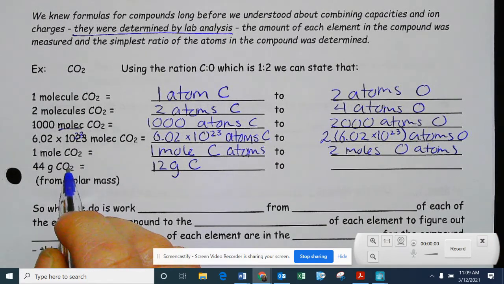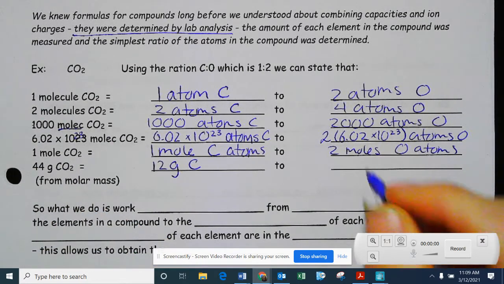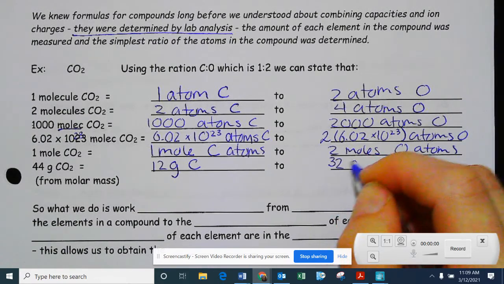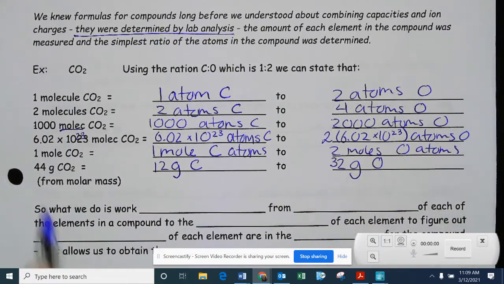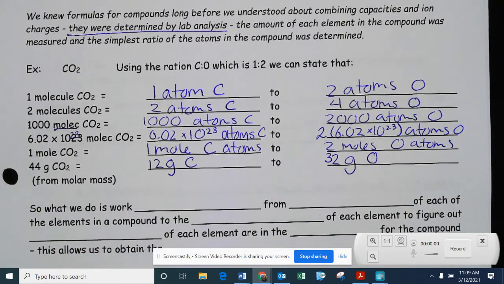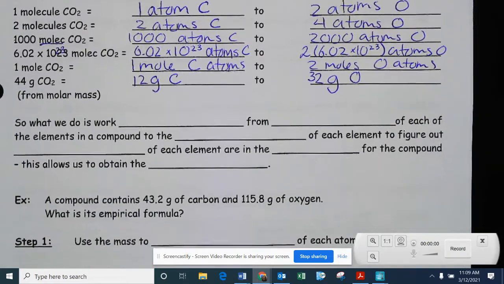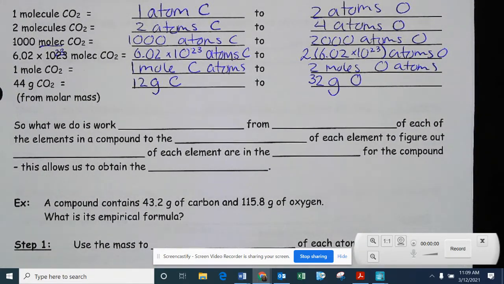If we've got 2 oxygens, which are 16 grams per mole, we would have 32 grams of oxygen. So that's for molar mass. So that's just using that ratio. It's always going to hold true in all those different scenarios.